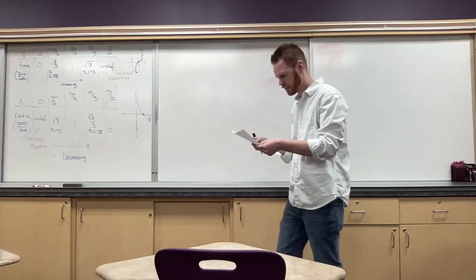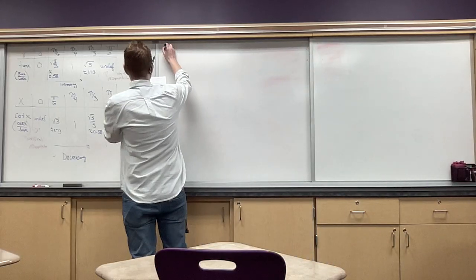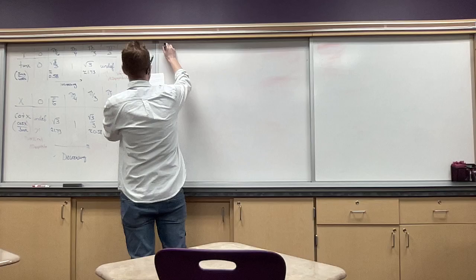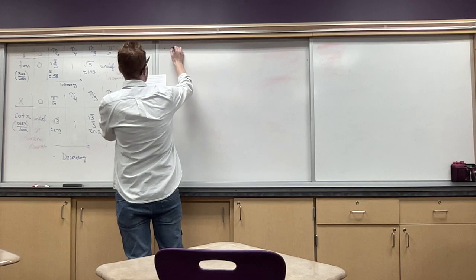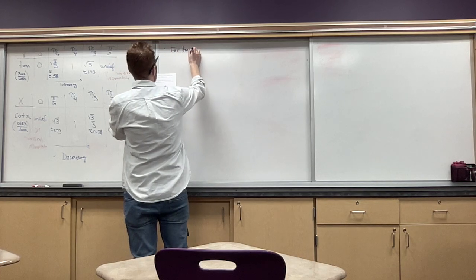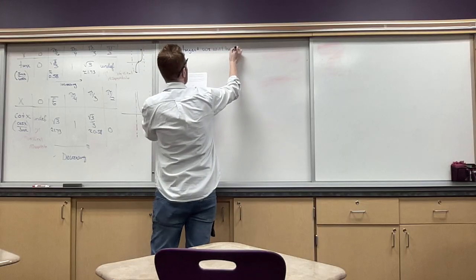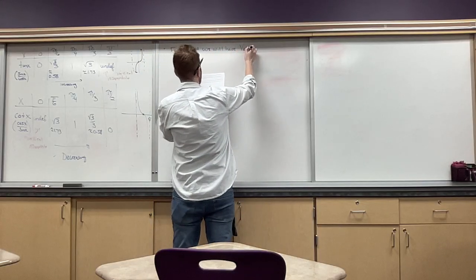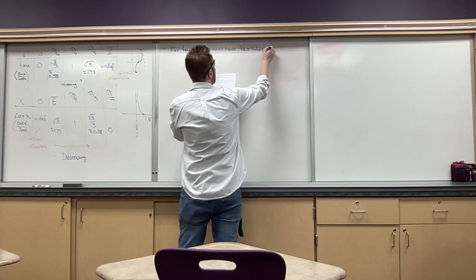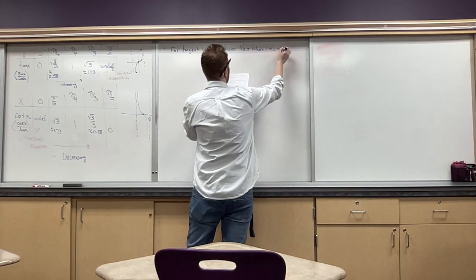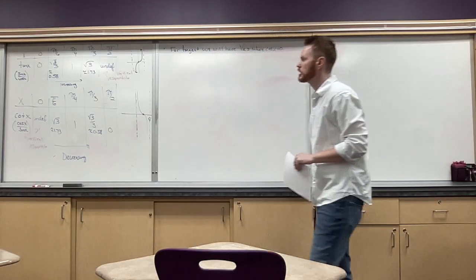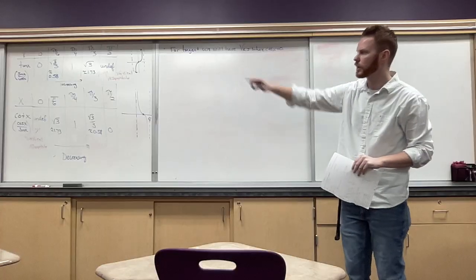Alrighty. So, a couple things, just to write some facts down. So for tangent, we will have VAs, so vertical asymptotes, where cosine of x is 0. Okay? And the reason why I state that is just like what I did over there.